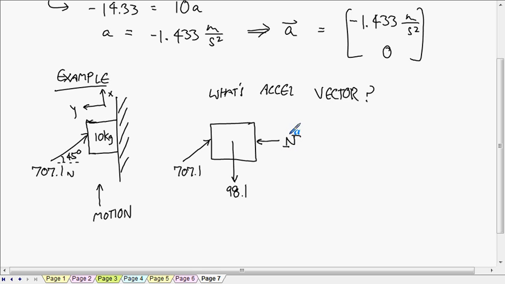And which way does the friction force act? Oh, and I need to give the coefficient again. Let's make that 0.2 this time. Which way does the friction force act? Down, because it's always just opposite of the motion. So that's 0.2 times n.